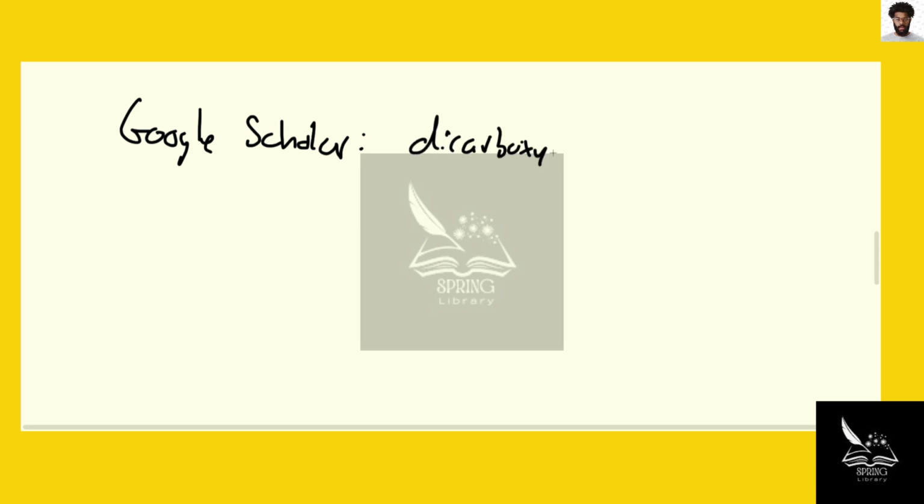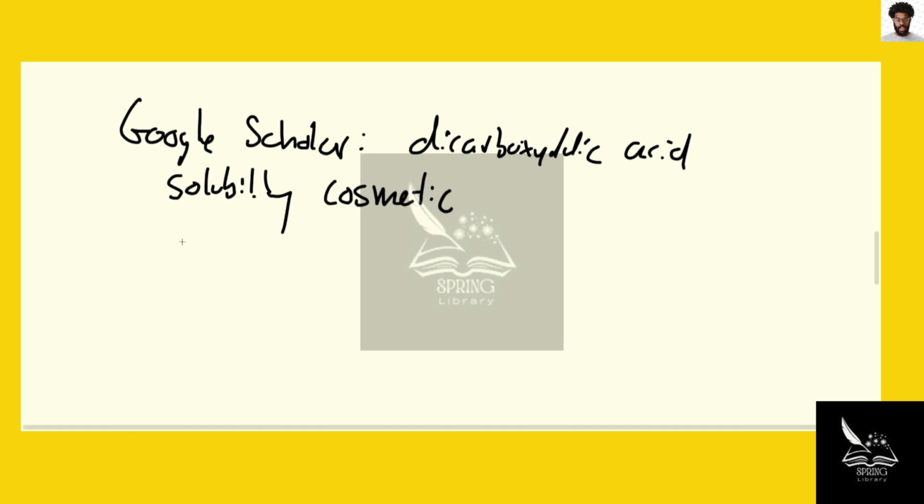So you can do a Google Scholar search for dicarboxylic acid solubility, maybe cosmetic, or cosmetics, or lotion, or you can just look for DMSO, ethanol, etc. You may find articles by people who have written about what they used to dissolve a dicarboxylic acid.